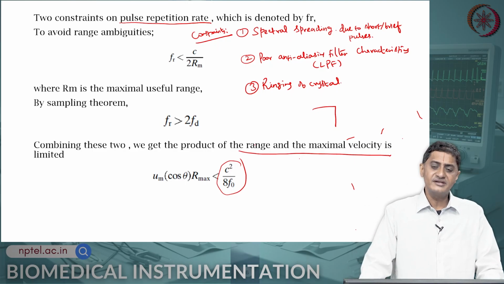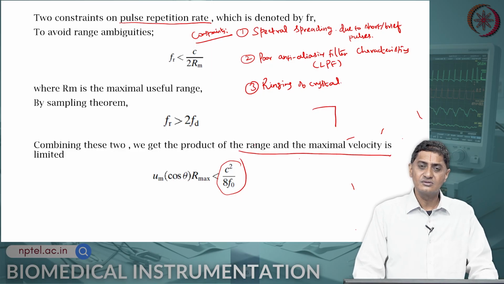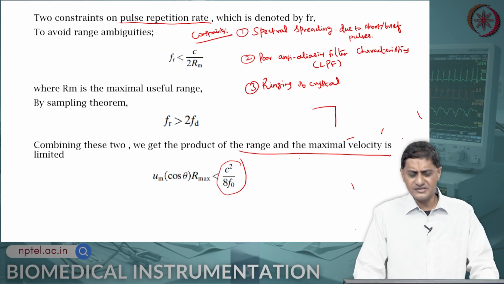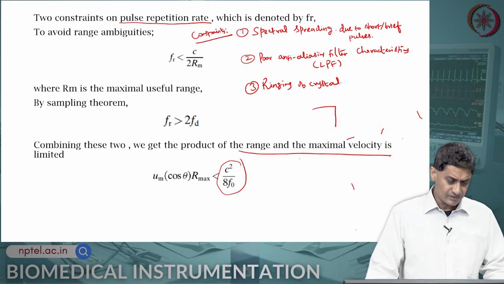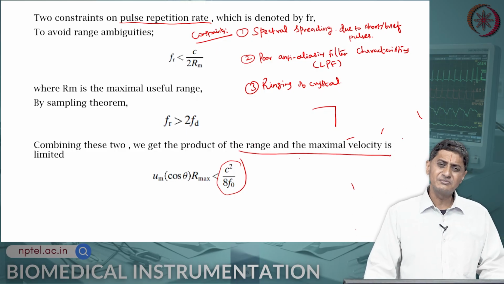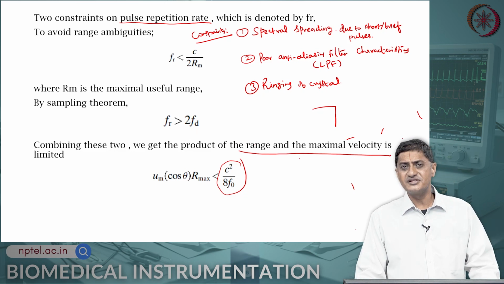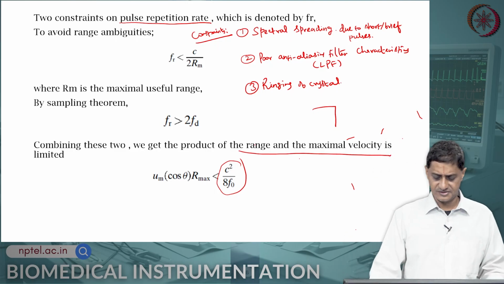Whereas if I keep the Q factor at a very high value, ringing will always be there. So, you need to keep the Q factor at an acceptable value where some ringing is there and some efficiency is also there, so you are able to balance both ringing and efficiency.